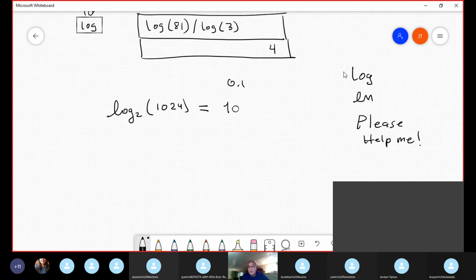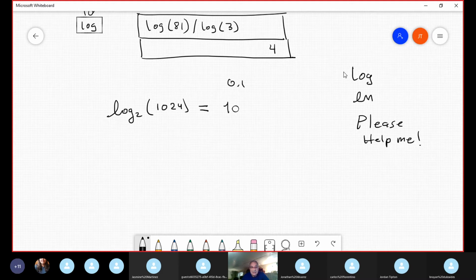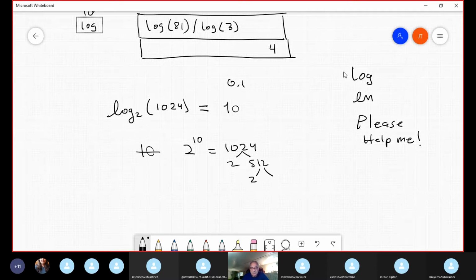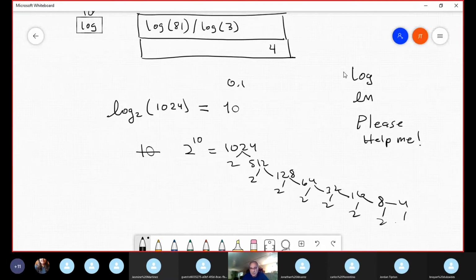Okay, 2 to the 10 power is 1024. So with 1024, you break it down: divided by 2 is 512, divided by 2 is 256, divided by 2 is 128, divided by 2 is 64, divided by 2 is 32, divided by 2 is 16, divided by 2 is 8, divided by 2 is 4, divided by 2 is 2.